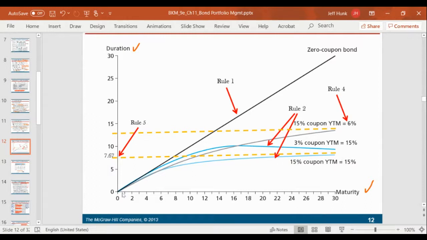Let's take a look at this one. This curve shows the duration of a perpetuity, 15% coupon, and that's a very high coupon payment and yield of 15%. So how do I know this is a perpetuity? Look at 7.67.